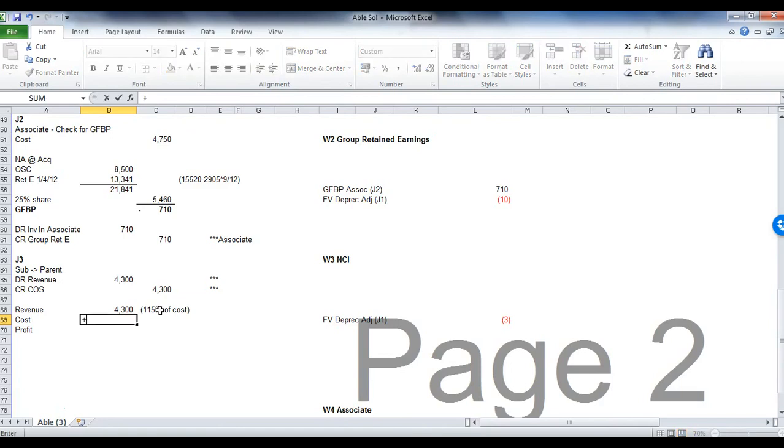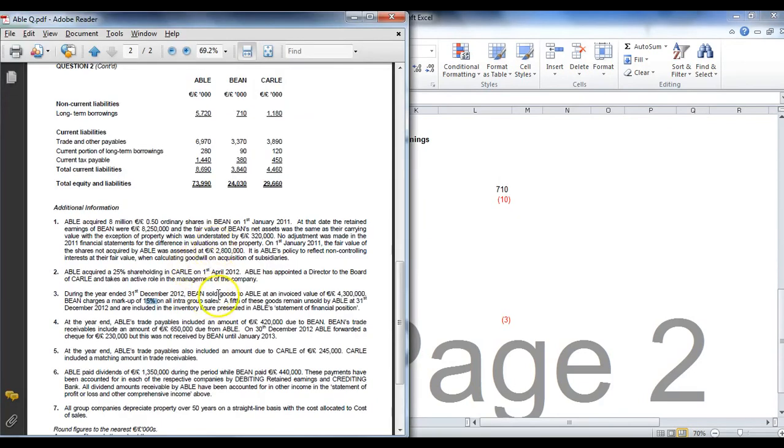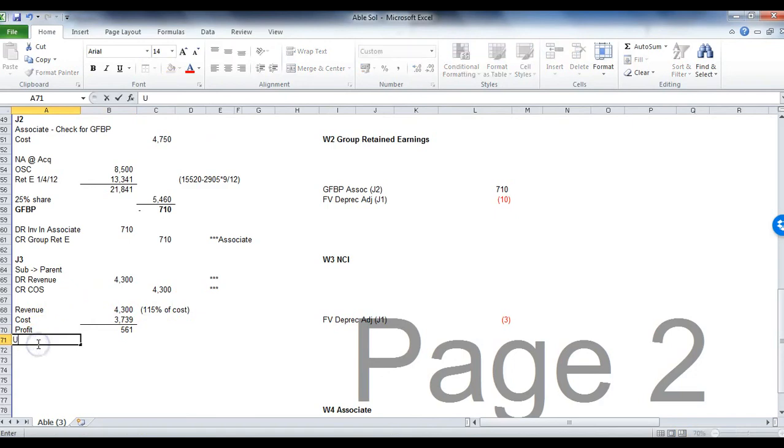So to get the cost, we divide by 1.15, meaning our profit was 561. So on that transaction, the sub made a profit of 561, and a fifth of the goods remained, so the unrealized profit, which is 20%, is 561 divided by 5. So the unrealized profit adjustment is 112.